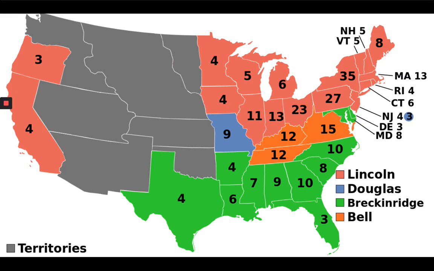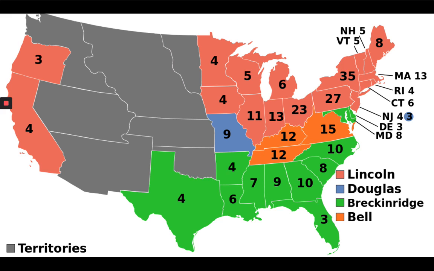So what do all these numbers mean? Well, when a state votes for its candidate, if a candidate wins the majority vote in that state, they win the entire state and that state's electoral votes. As you can see here, Lincoln pretty much carried the North, including the western states, Oregon and California. Stephen A. Douglas didn't win much.